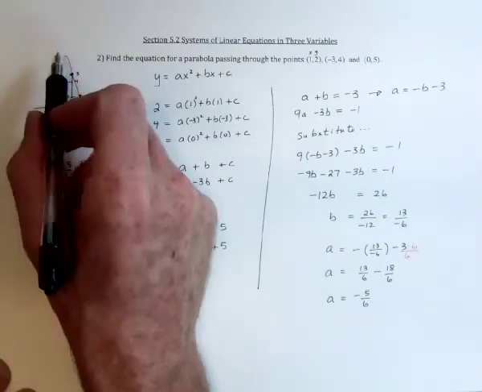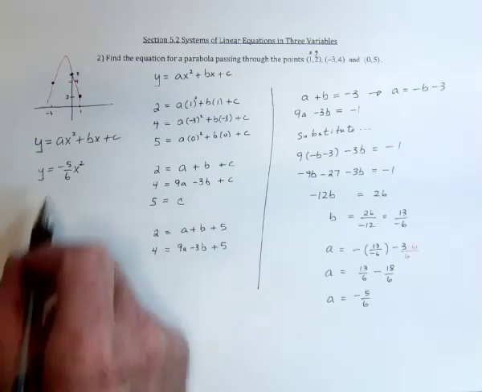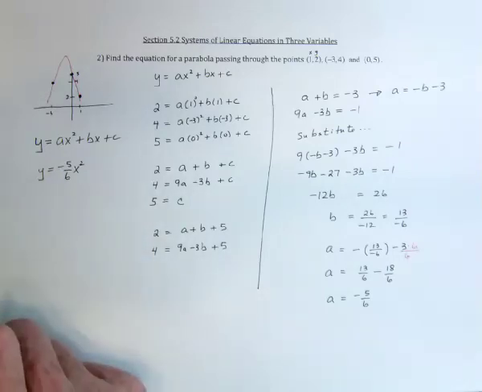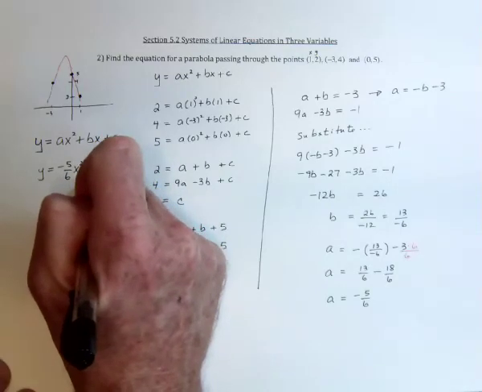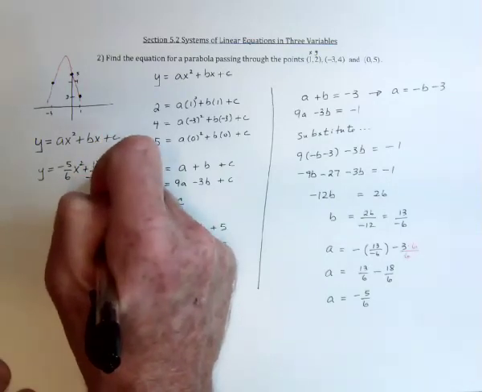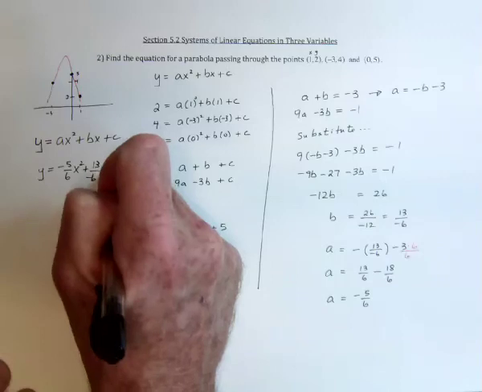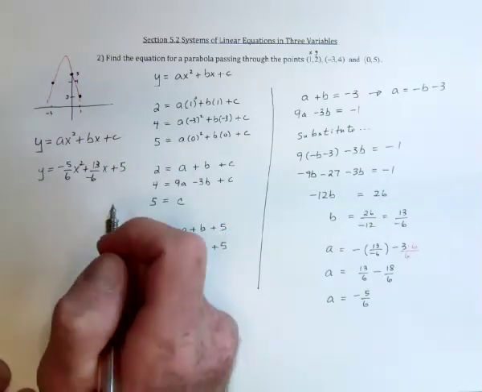That inverts it so that the vertex is at the top, the negative does. And then the b is 13 over -6. That's for the x. And then the c is 5.